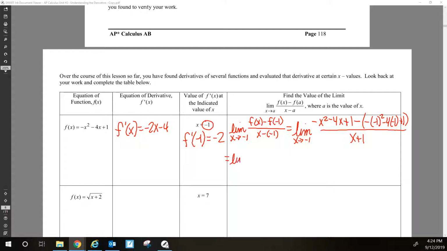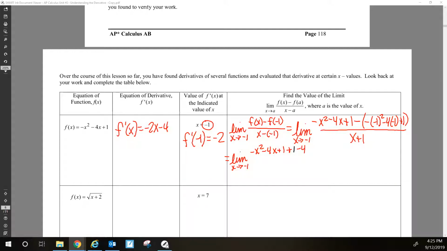So this is going to be the limit as x approaches negative 1 of negative x squared minus 4x plus 1. And we've got lots of negatives happening here. Negative 1 squared is 1 times this negative is negative 1 times this negative makes it back to being 1. Negative 1 times negative 4 is positive 4, but this negative is going to distribute to it and make it negative 4.